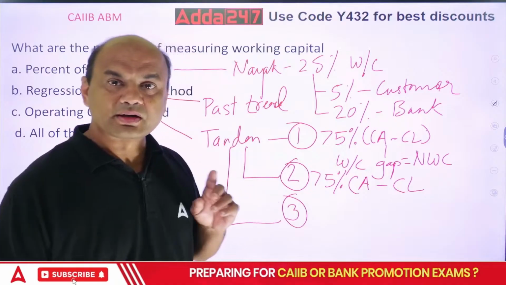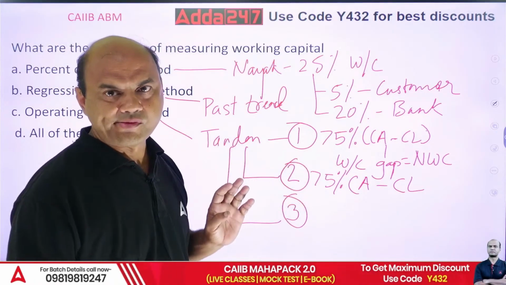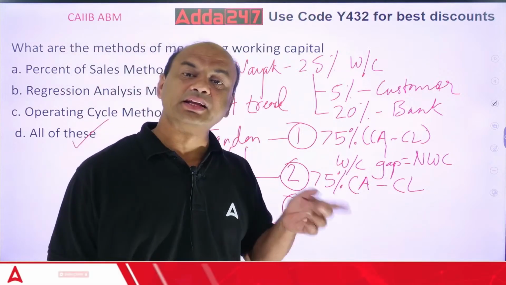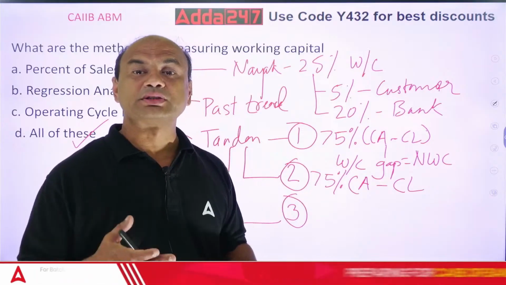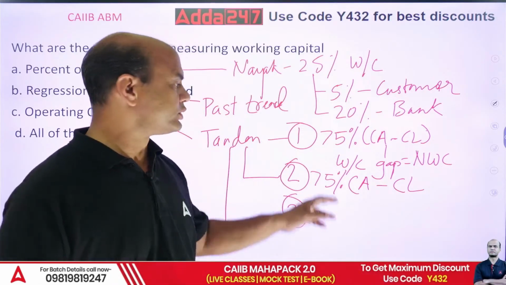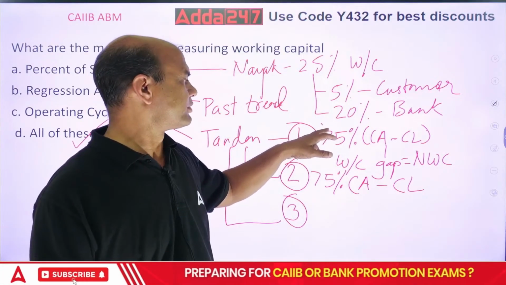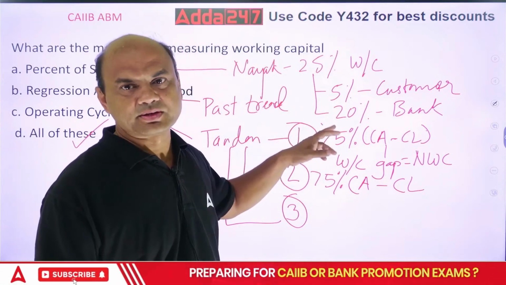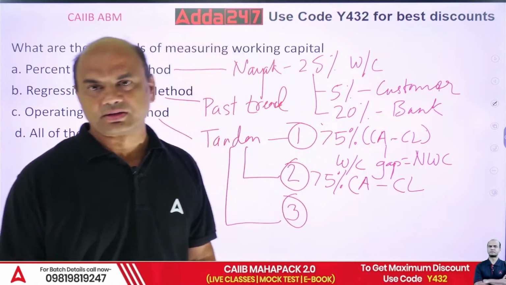This is Tandon committee method 2. This is used for sanctioning the CC, for sanctioning a disbursement. Whenever you sanction or disburse, you use this method. DP calculation is the first method, sanctioning the second method.